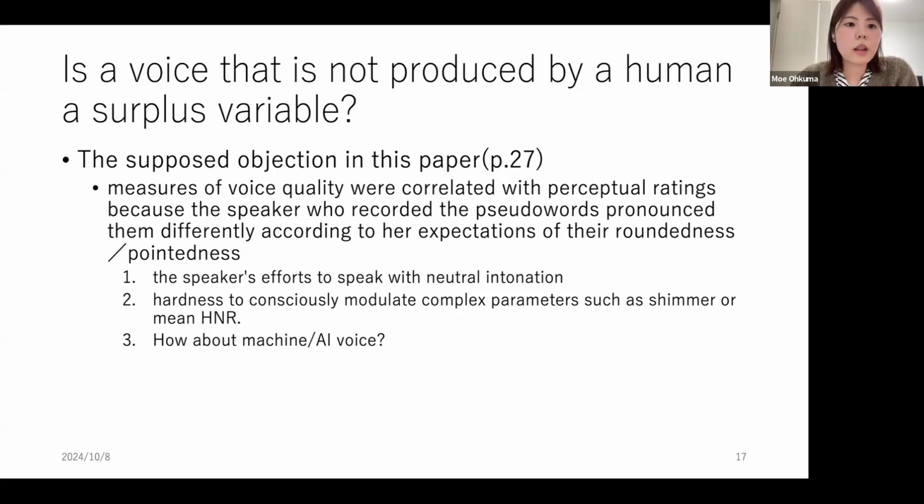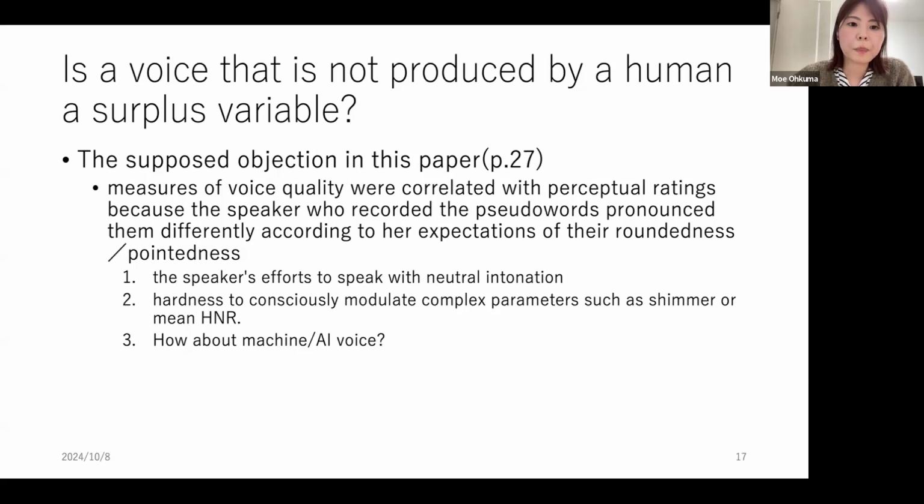They said the supposed objection in this paper is that measures of voice quality were correlated with perceptual ratings because the speaker who recorded the pseudowords pronounced them differently according to their expectations of their roundness or pointedness.